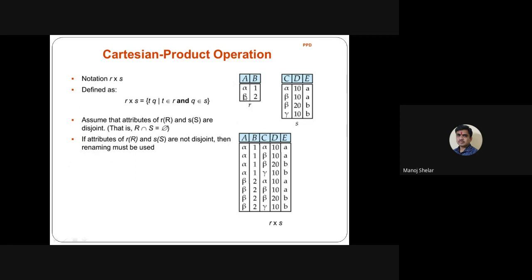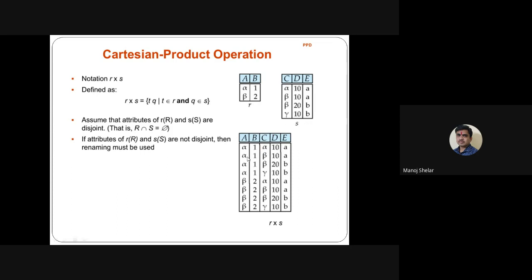Listen carefully, very easy. Second relation, total number of records or tuples is 4: 1, 2, 3, 4. First relation has 2 entries, second relation has 4 entries. 4 into 2 is 8. So r into s gives a total of 8 tuples.